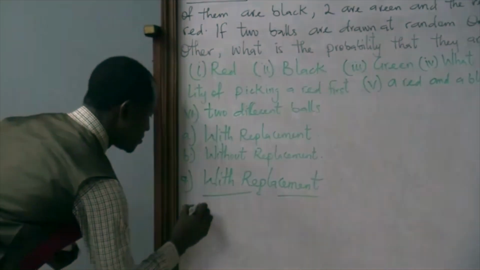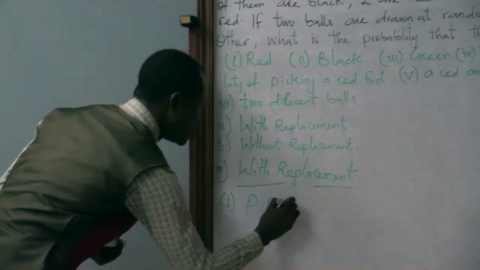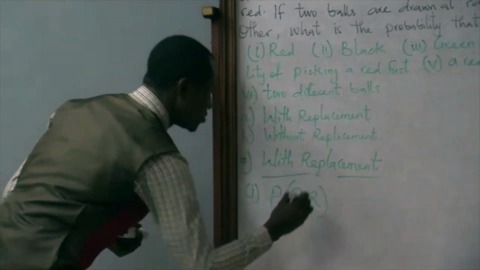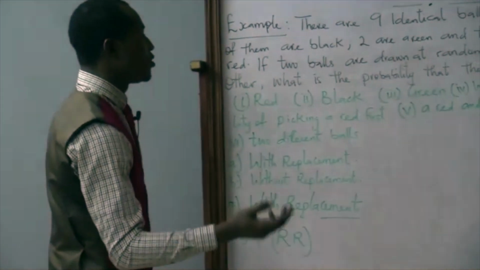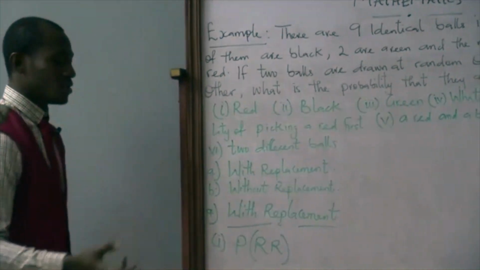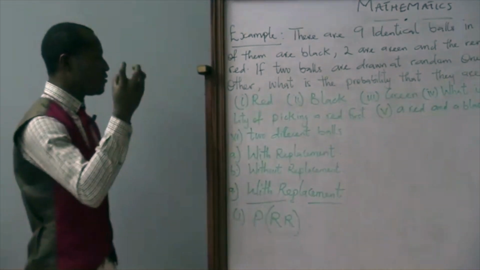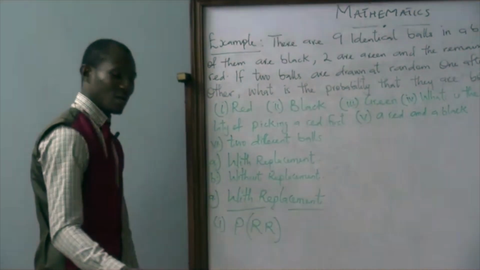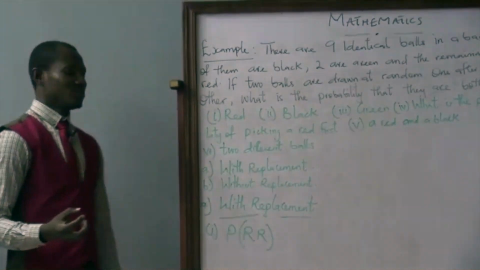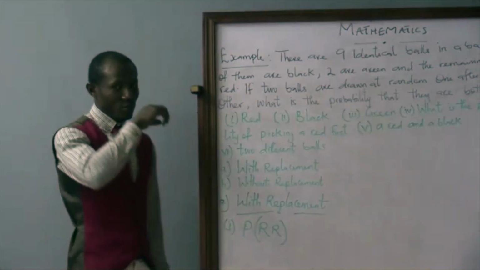Number 1, the probability of picking 2 red balls, if 2 balls are drawn at random, one after the other. So I dip my hand inside the bag, I pick the first one, red. That means I return it and pick again. The second one is also red. So what's the probability of picking 2 red balls?